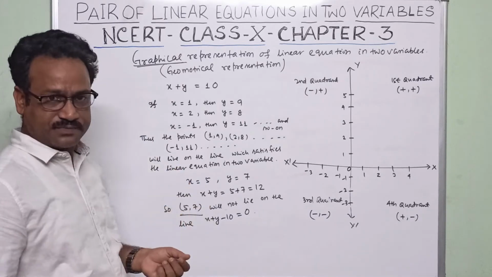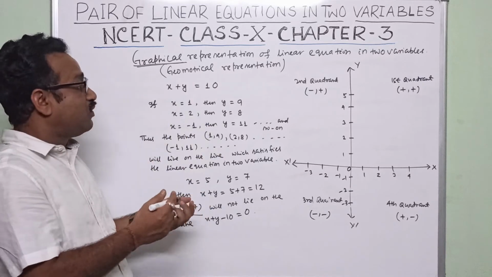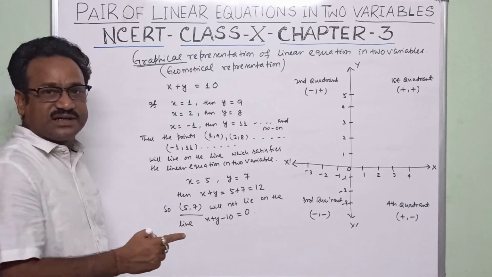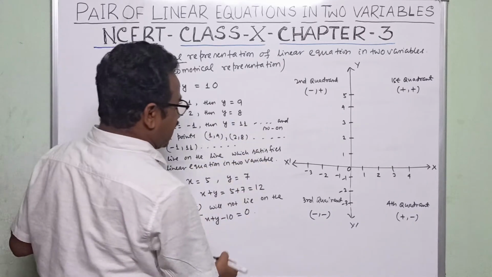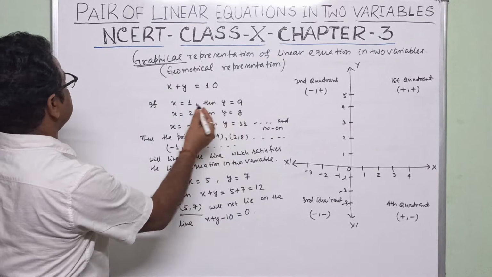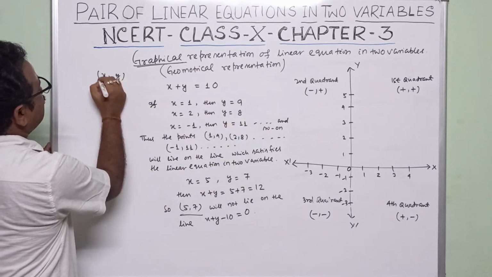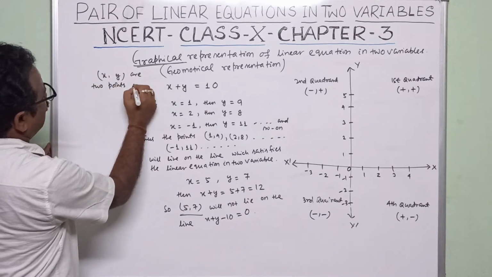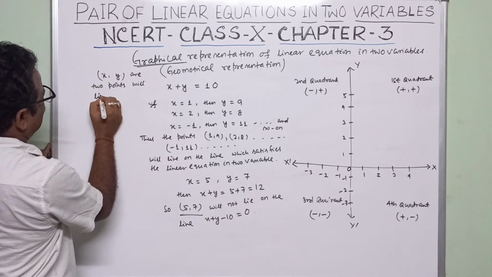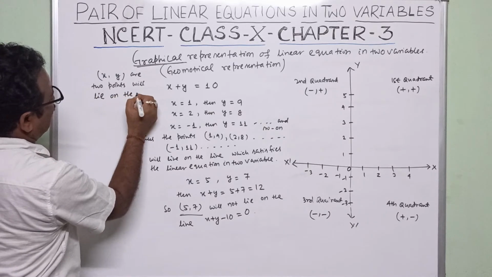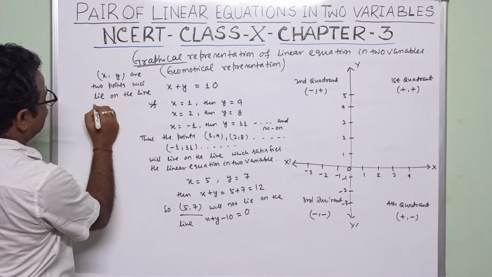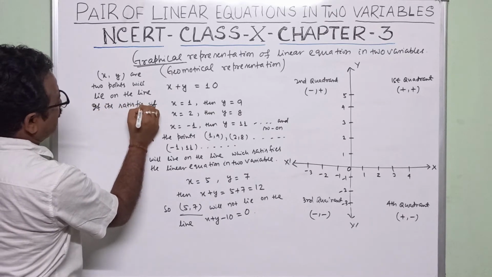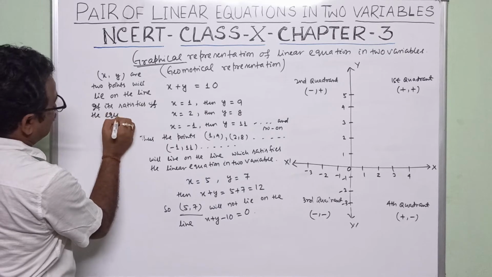So in general, what will we write? In general, if (x, y) is a point, it will lie on the line if it satisfies the equation.